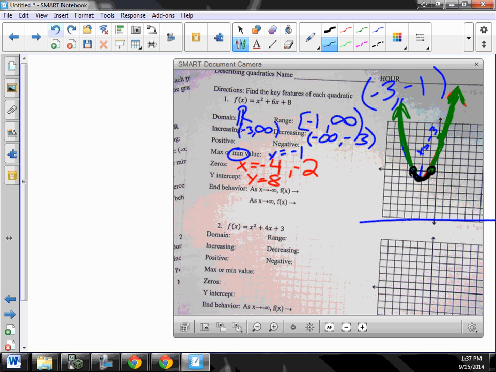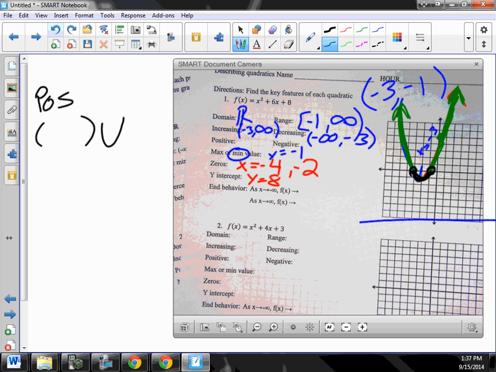There are two positive pieces, so we're actually going to write a union. On the left piece, what is the smallest x? So in this piece here, how low do those x's go? To -infinity.